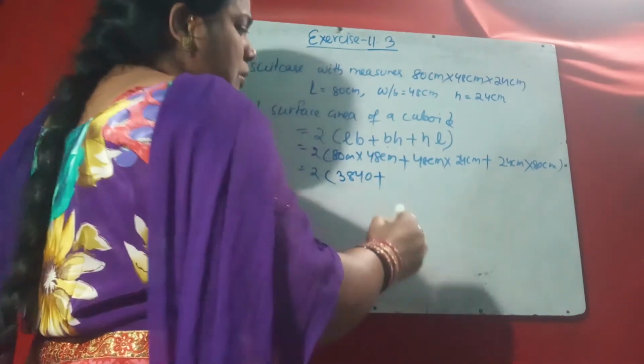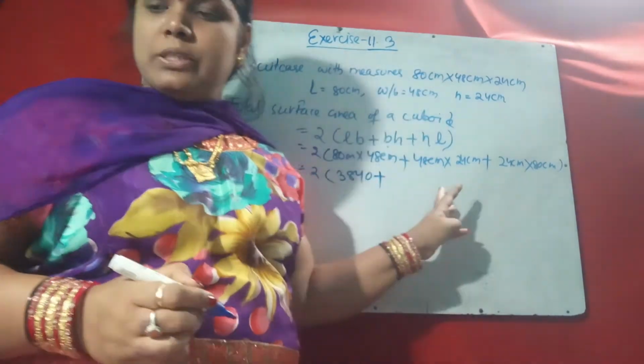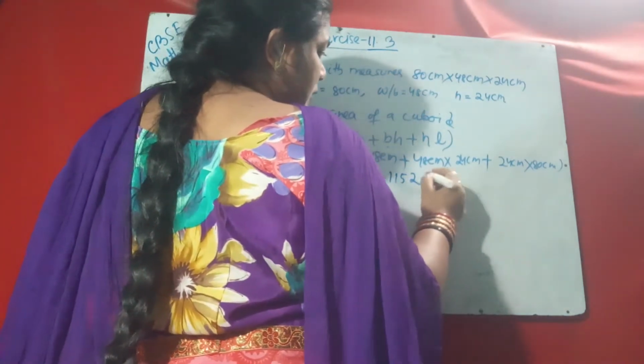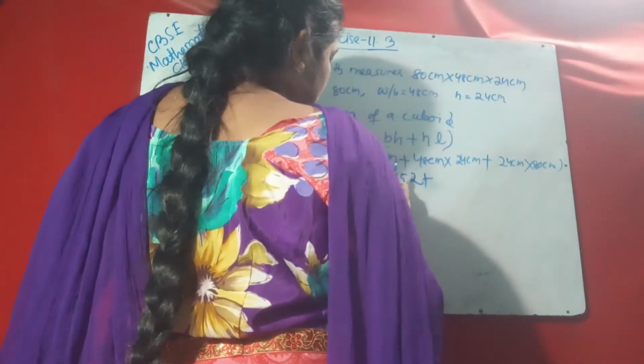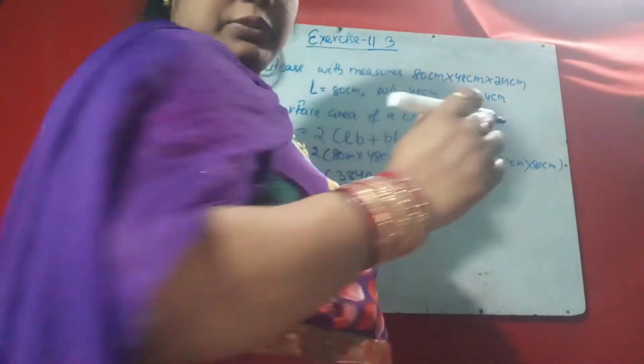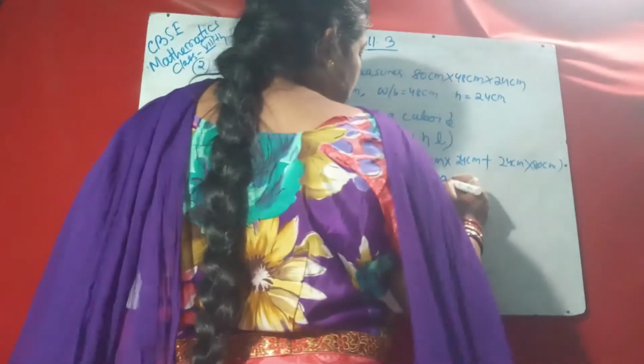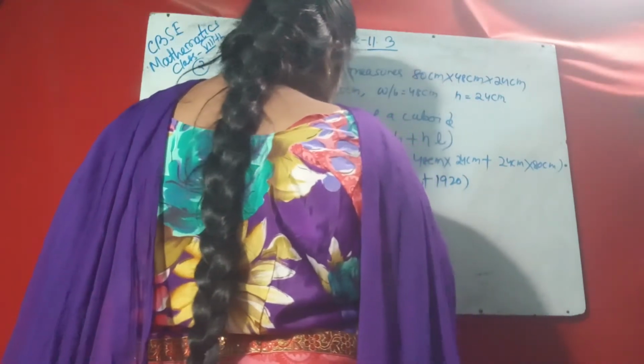2 into, 80 into 48 equals 3840, plus 48 into 24, you multiply yourself, equals 1152, plus 24 into 80 equals 1920 centimeter square.